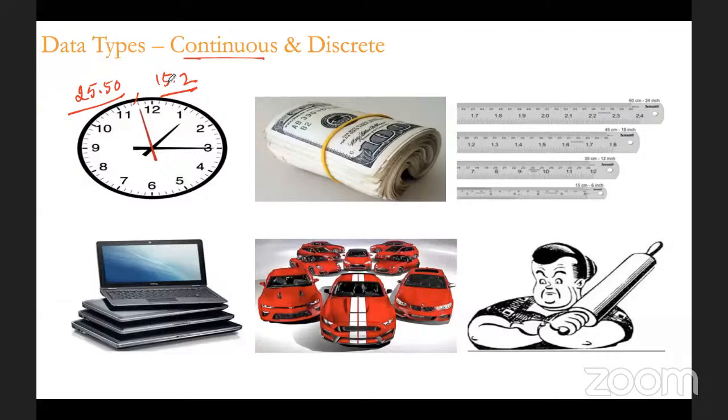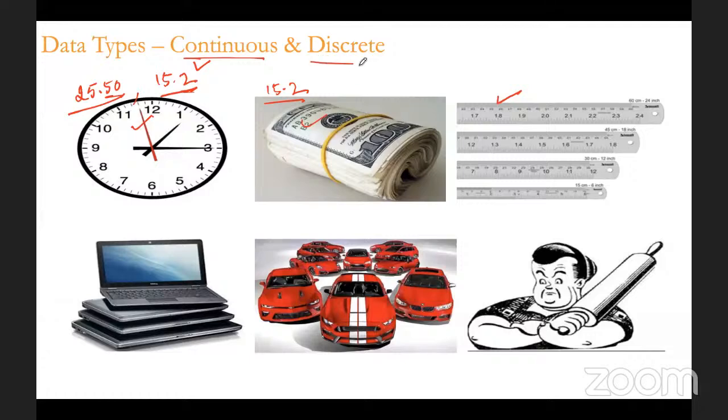I can express it in decimal values and it still makes sense to us. Any quantity that you can express in this decimal format, we can call a continuous data type. Like for example, time, currency, I can say $15.2, right? That makes sense. And the length, so these all come under continuous data types, right?